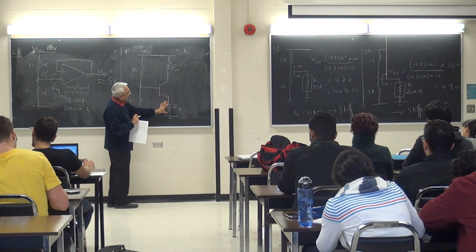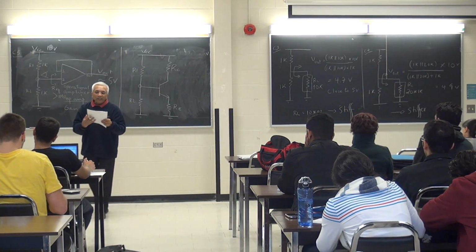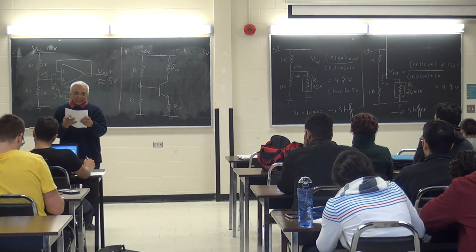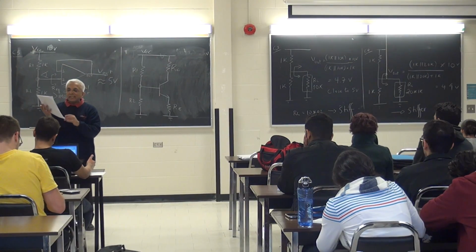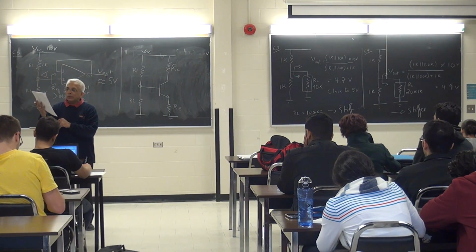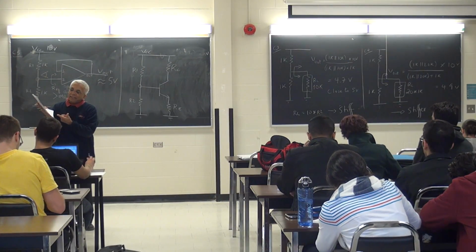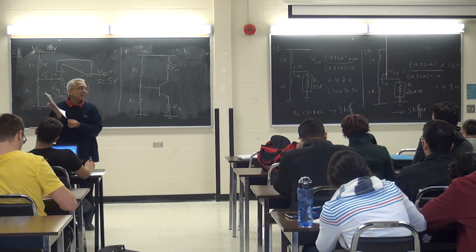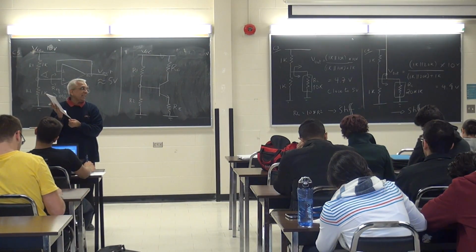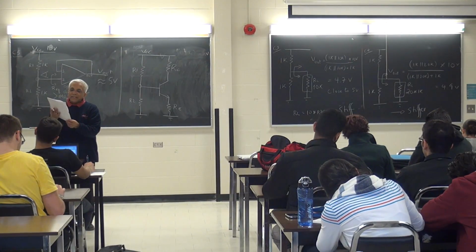So by adding an RE, it's going to maintain the Q point from moving. Okay, so figure 1 shows an NPN circuit, and figure 2 shows a PNP circuit. What is the main difference between NPN and PNP? The supply voltage. In one case it's plus VCC. In the case of a PNP, it is minus VCC.